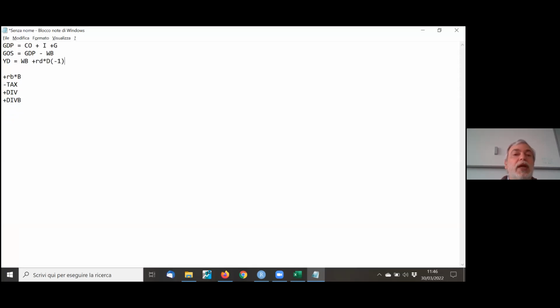And here we want to lag the stock on which we compute the interest payments.